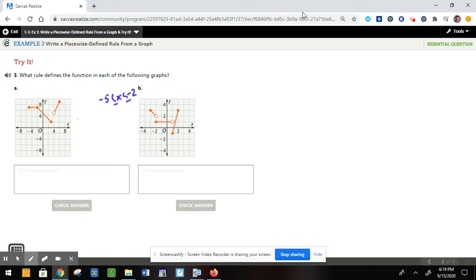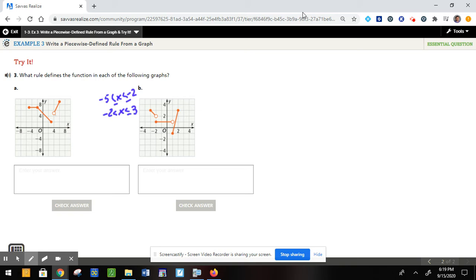All right, then the second section goes from an x value of -2 to an x value of 3. So I'm leaving, again, that open, and then this one is closed here.